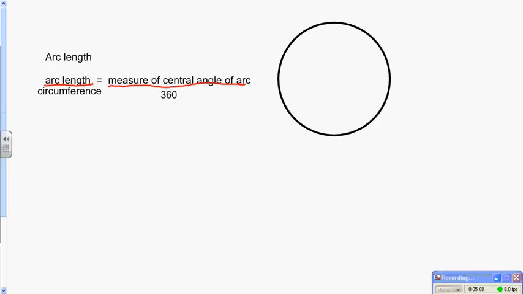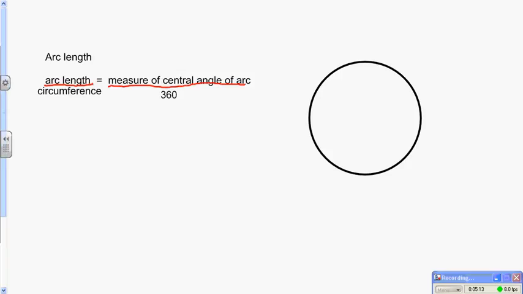Well, in a circle, again, we have radius and diameter, but we also have arc lengths. So if I take a radius, and then another radius, this angle right here is called the central angle because it comes from the center, and that's this part, the measure of the central angle.